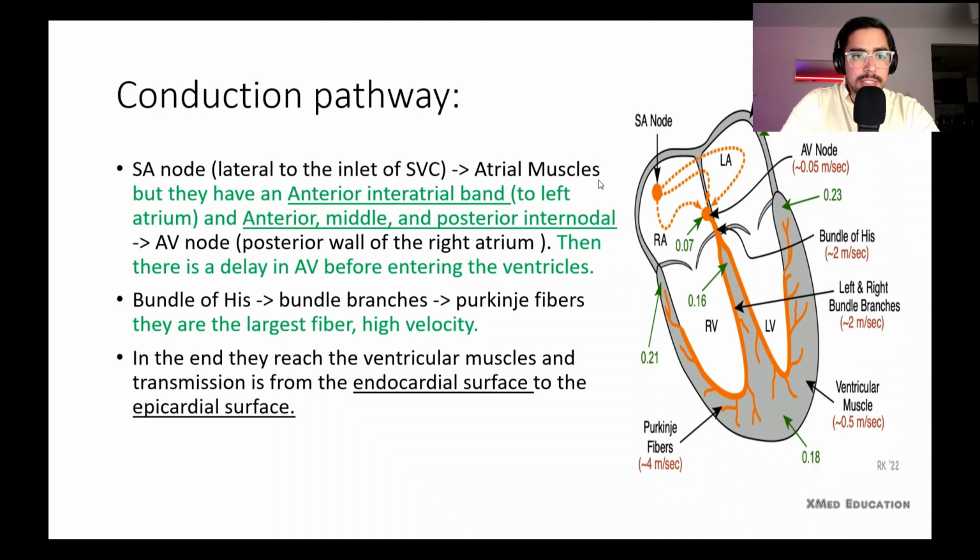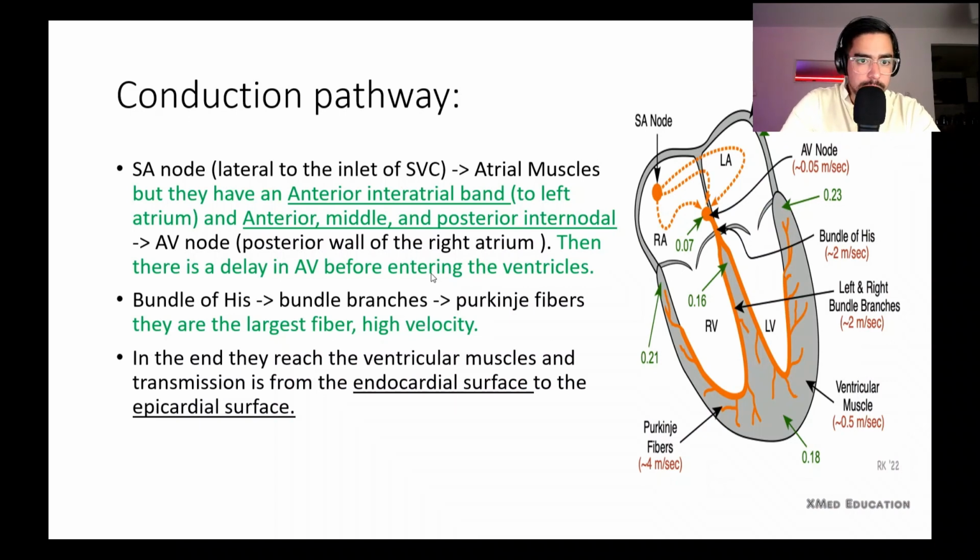And after that there is the bundle of His, and then bundle branches that go to the left and right. It's really important that we have two bundle branches, because when you study the pathology of ECG, you see that we have right bundle branch blocks and left bundle branch blocks, that have different mechanisms and cause different problems.